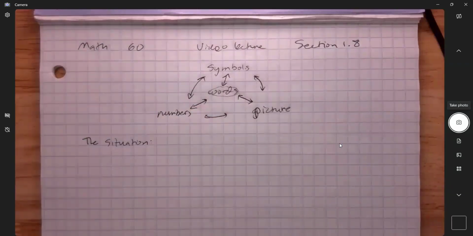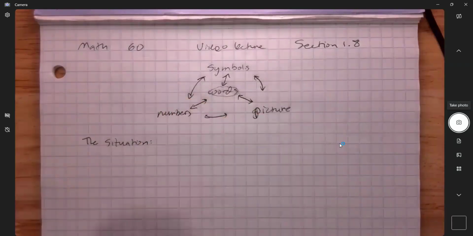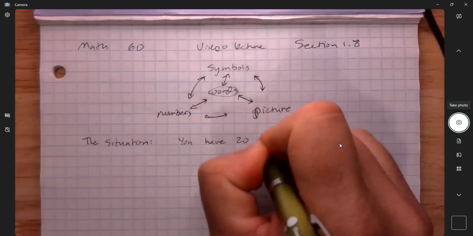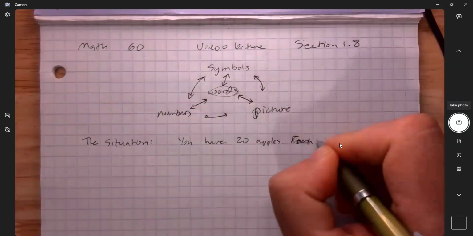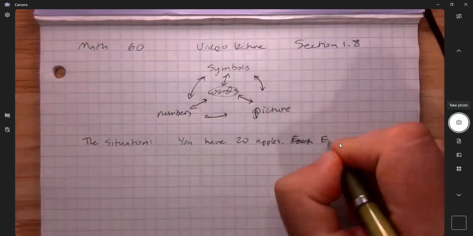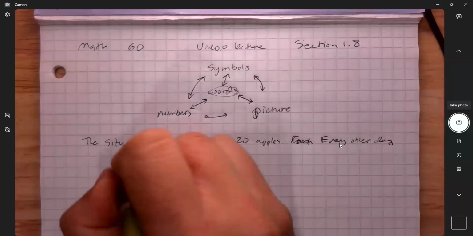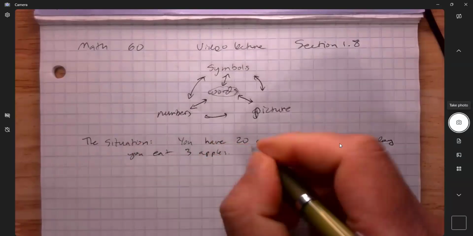And they have much richer examples in your textbook, but it's a lot of writing. I don't want to do that much writing by hand, so I'm going to make real short little examples. You have 20 apples, every other day you eat 3 apples.